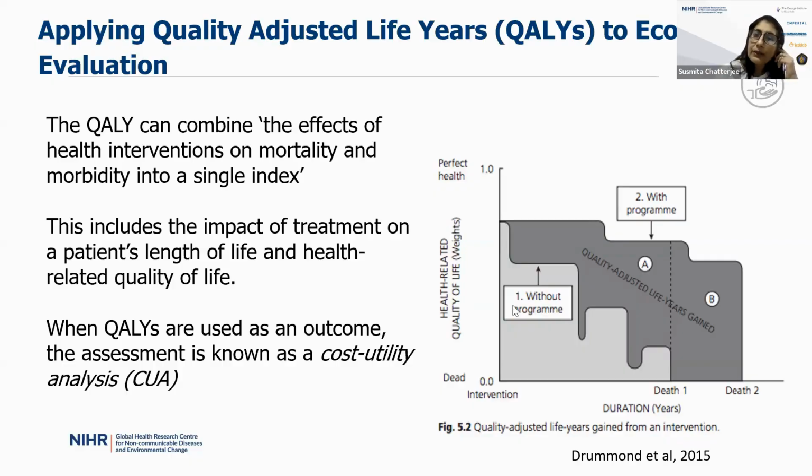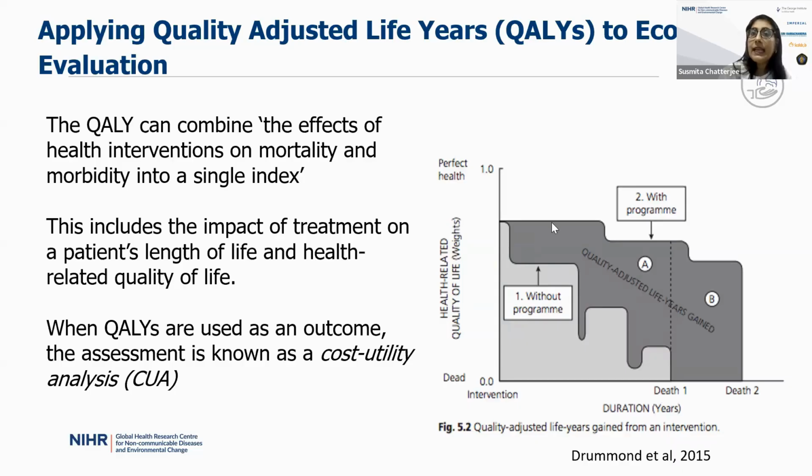So how are we going to interpret? Suppose without a program, if you look at the graph, this figure is taken from Drummond, probably the most read book in economic evaluation. Without a program, this is the duration of the life of the person, okay? Without any intervention, the person was supposed to die here, at death 1. But I introduced some program.